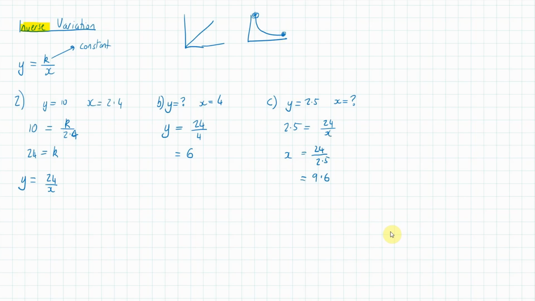Let me give you another example. Let me do number 6. Here we have a table.